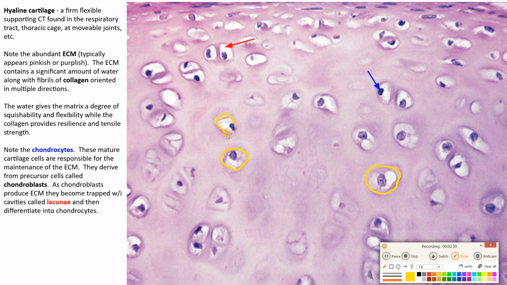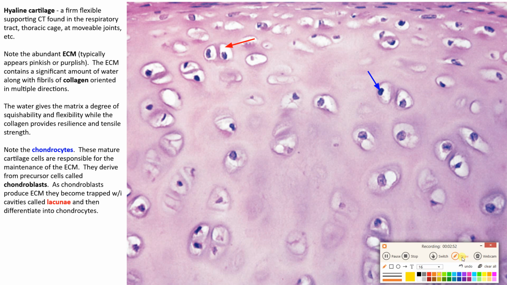And these little spaces, these little cavities, each is called a lacuna. So the plural is lacunae. And once a chondroblast is in a lacuna, it turns into the mature version, the chondrocyte. So that is our hyaline cartilage.